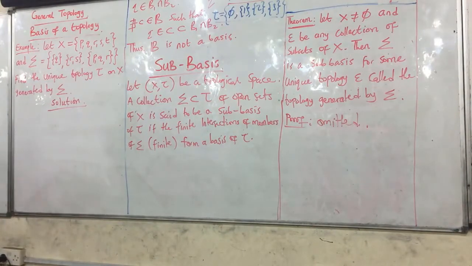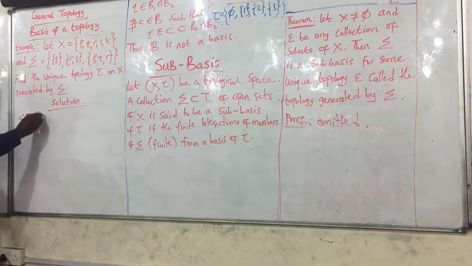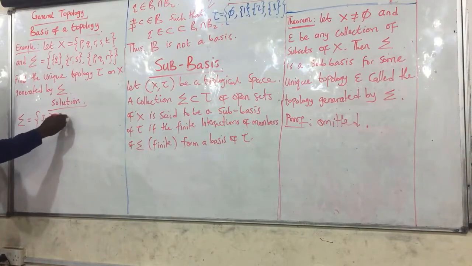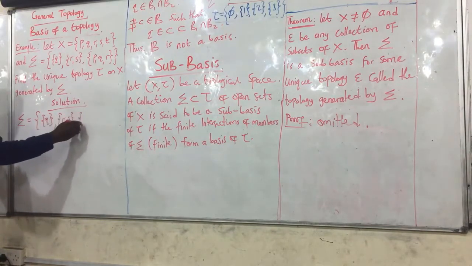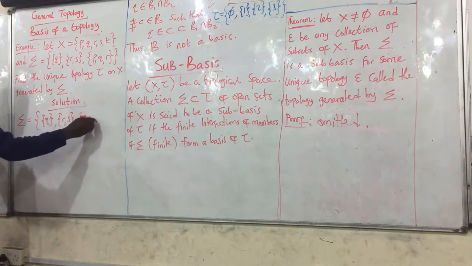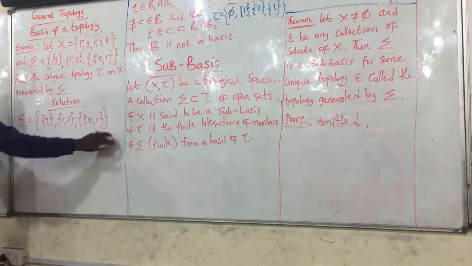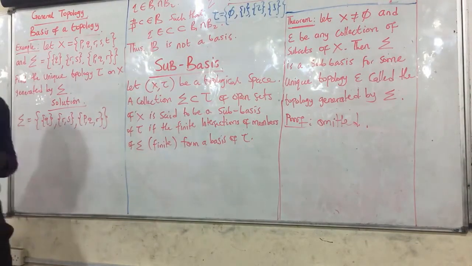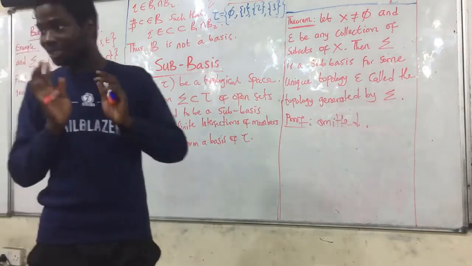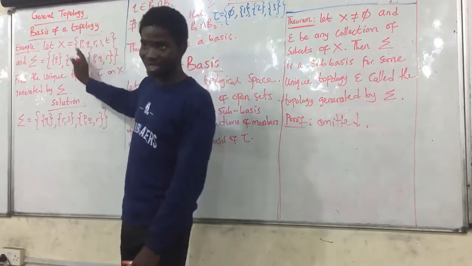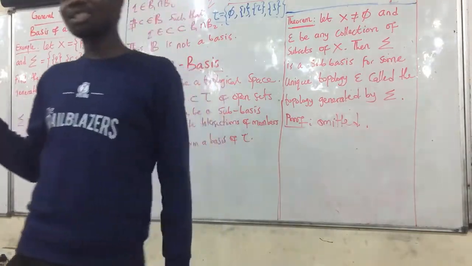Now, I'm giving a sub-basis to be equal to: I have PQ, I have RS. What do we want to find? A topology, isn't it? A unique topology for this set.